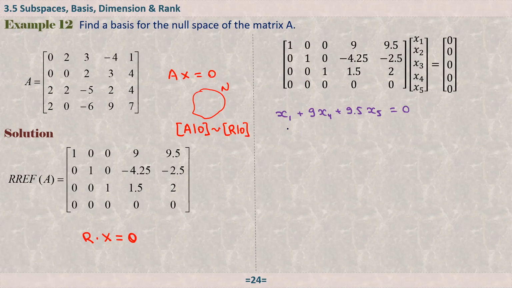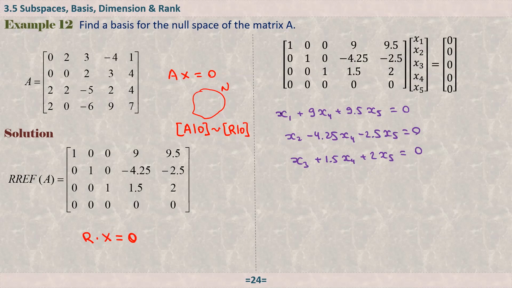And the second one is x2 minus 4.25 x4 minus 2.5 x5, that's equal to 0. And the last one is x3 plus 1.5 x4 plus 2 times x5, that's equal to 0.